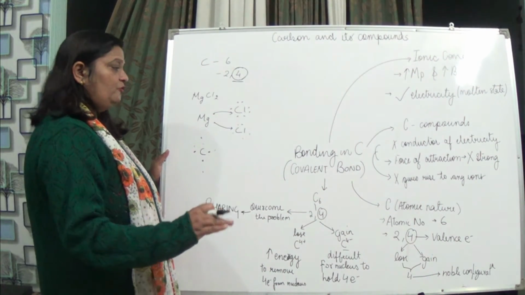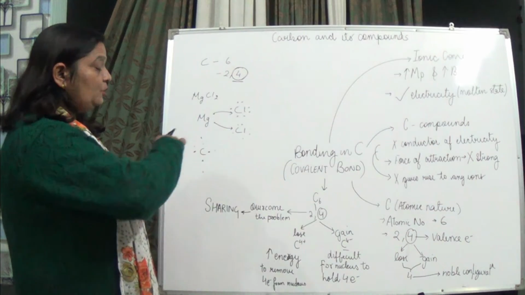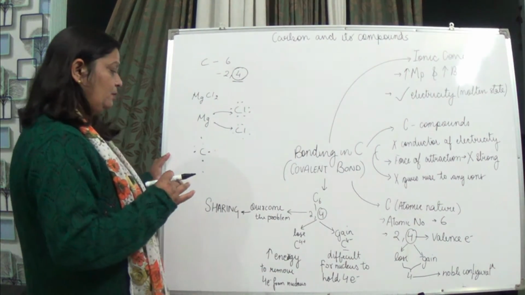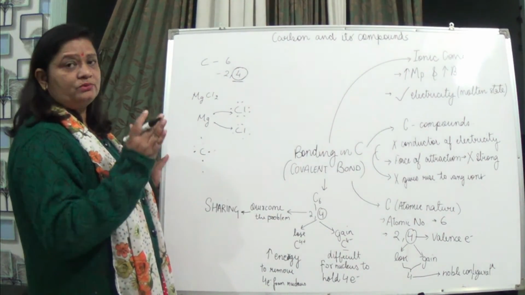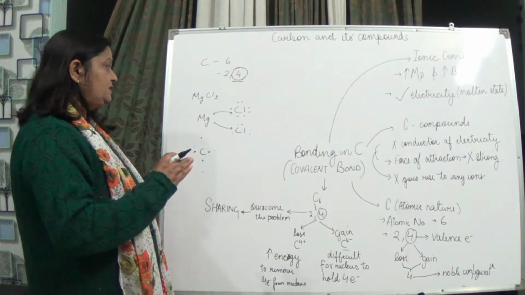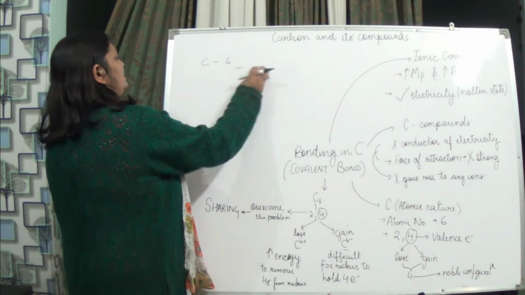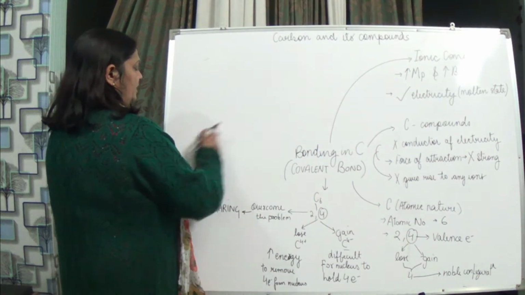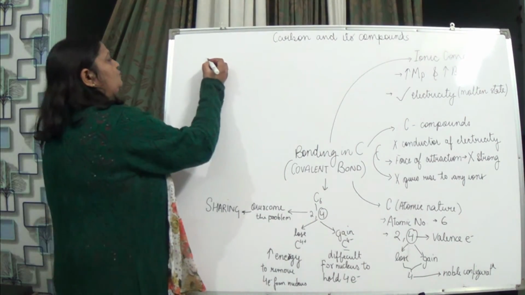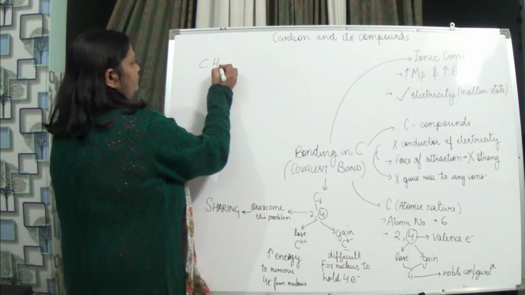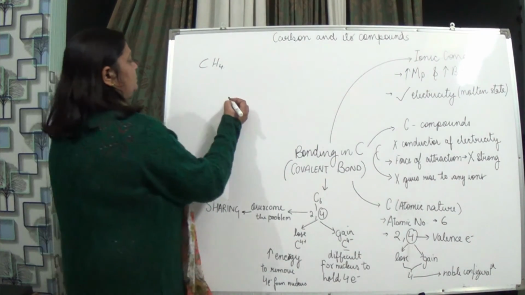It can form a covalent bond, where it will do sharing, so that it can get 8 electrons in its outermost shell. Like if carbon is forming a compound, suppose CH4, it will share its electrons.